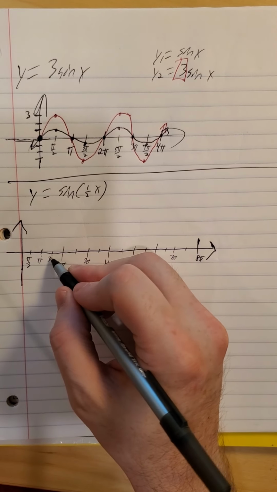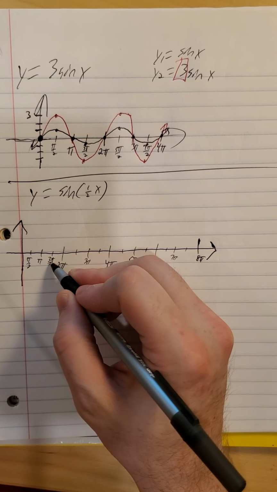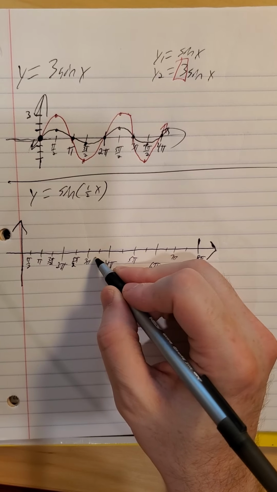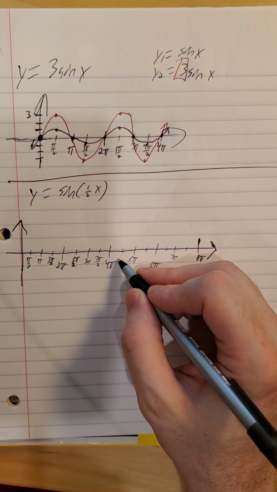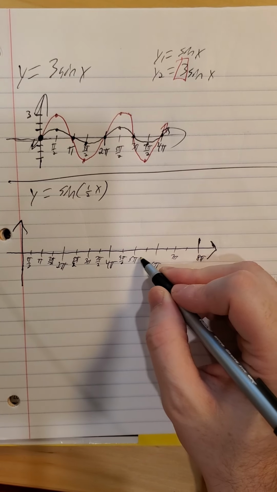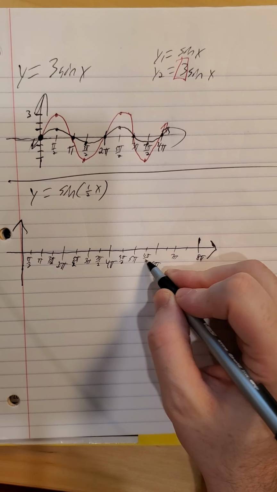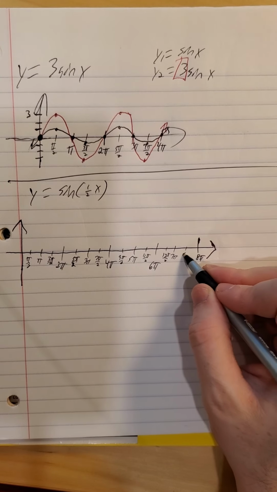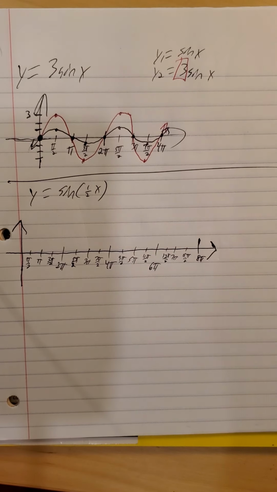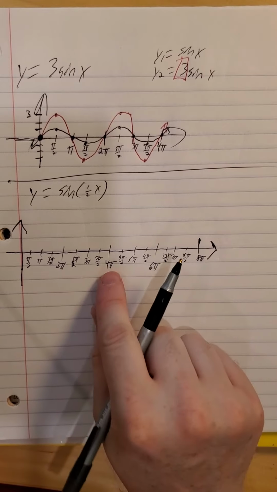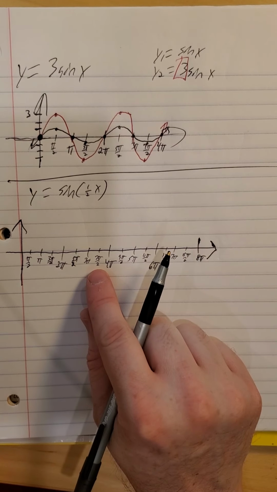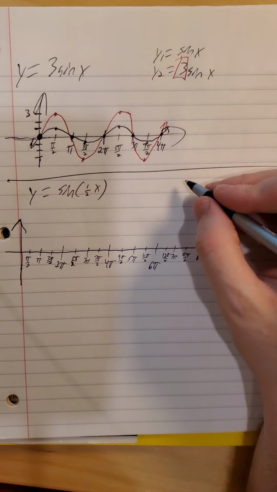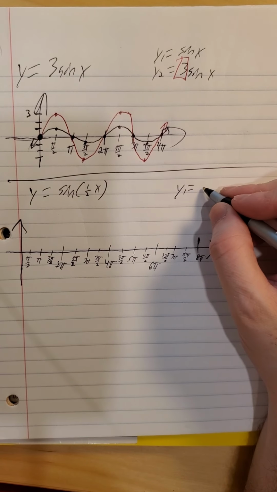So pi over 2, 3 pi over 2, 5 pi over 2, 7 pi over 2, and so on. So notice these also fit in: 8 pi over 2 is the same as 4 pi and so on. So we'll start with 2 cycles of our just y1 graph.